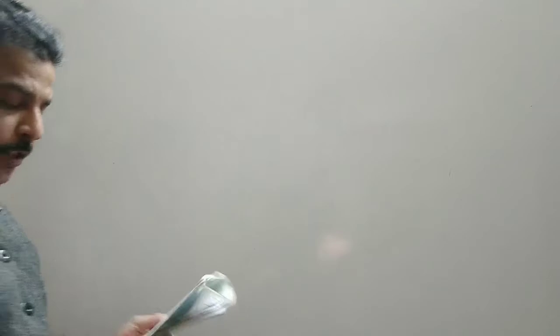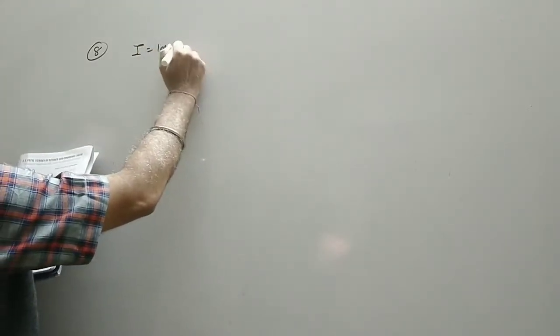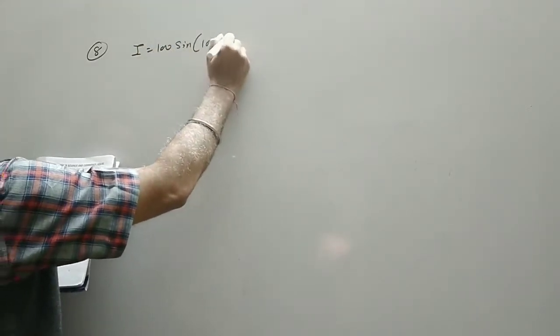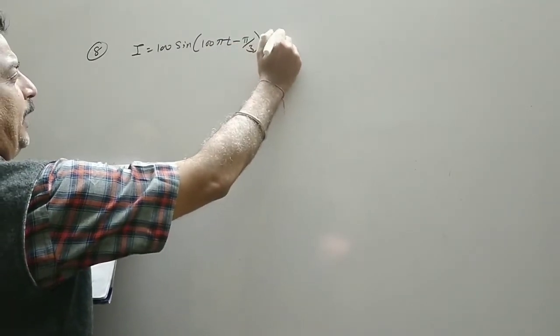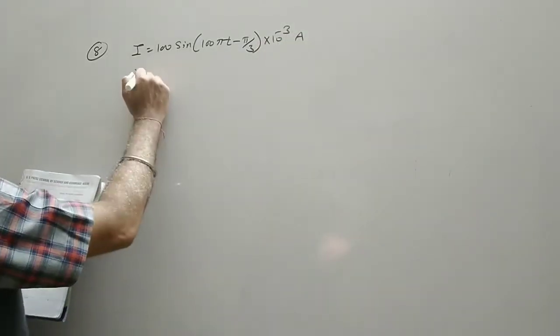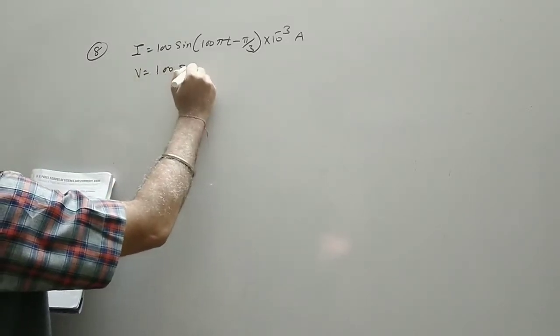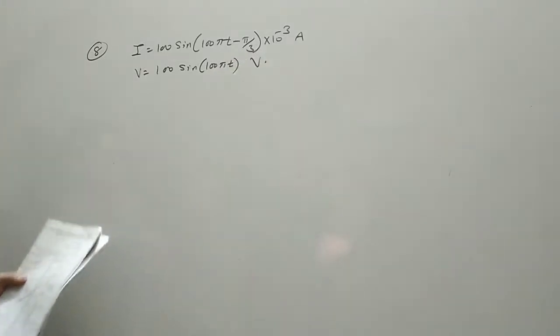Now let us see questions 8 to 10, which is a passage. For a series LCR circuit, the current I is equal to 100 sine of 100 pi t minus pi by 3 milliampere, so we write 10 raised to minus 3 ampere, and the voltage is given as 100 sine of 100 pi t volt.